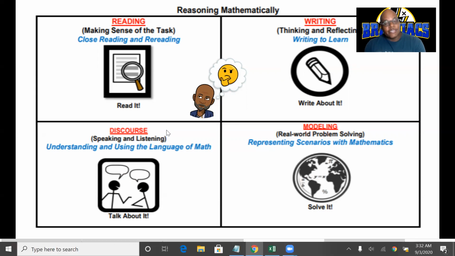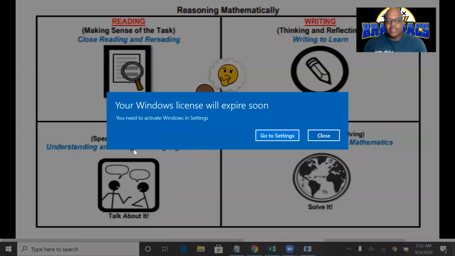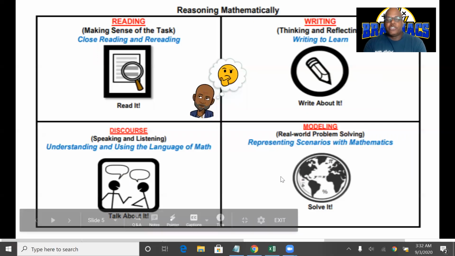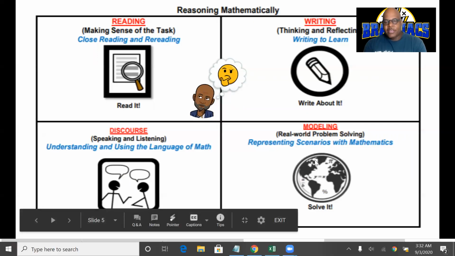Now, look at this, speaking and listening. These are things like turn and talks, right? This is the opportunity for you to say what you're thinking, but also to listen to the thinking of other students. And this is understanding and using the language of math. You must be able to use the language of math.